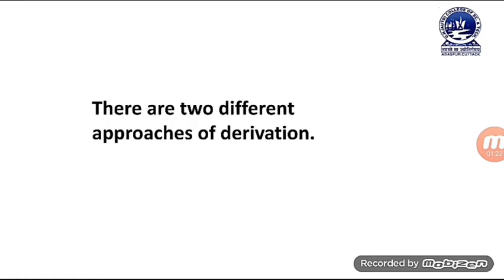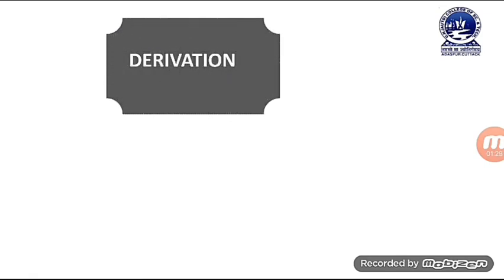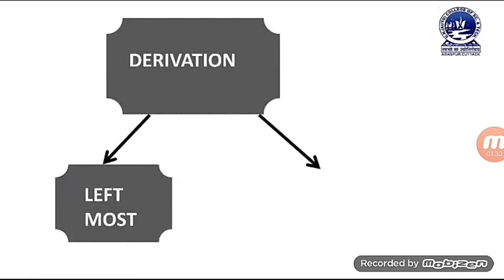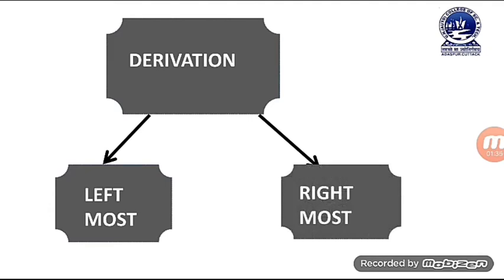To perform the derivation, there are two different approaches: the first is leftmost derivation and the second is rightmost derivation. Both perform the operation effectively, but the approaches they follow differ.